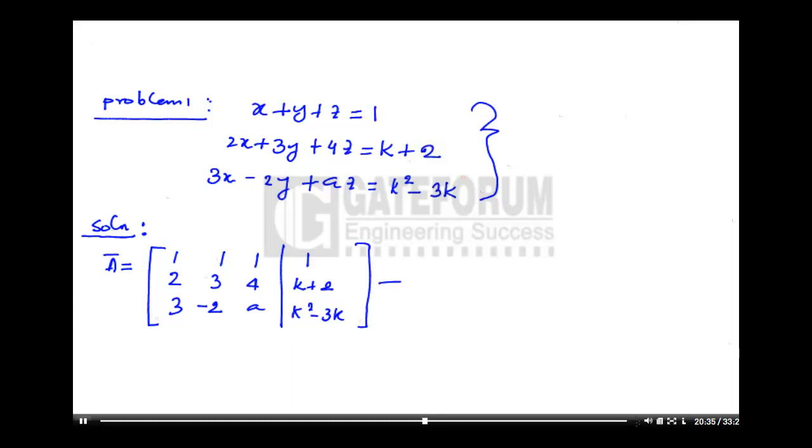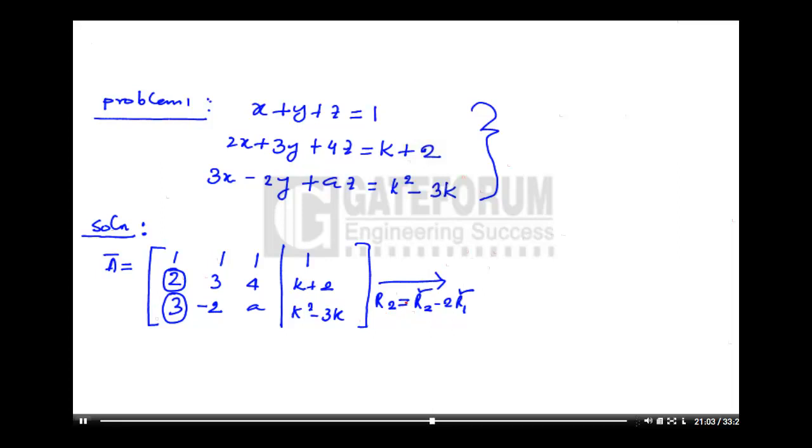Now, as usual, we will apply some elementary row operations or column operations. Here we are applying R2 equal to R2 minus 2R1, that is, we want to make these two elements 0. That follows from the conditions of row reduced echelon form. This means we are subtracting 2 times row 1 from row 2.